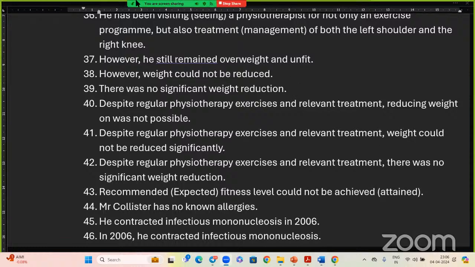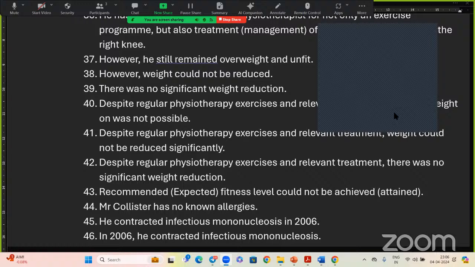So only 2 students are there. Sakina, only 1 regular student, and there is 1 guest, Jayantini. So hello, Sakina. Hello, sir. Good evening. How was the session useful for you? Yes, sir. It's very informative.